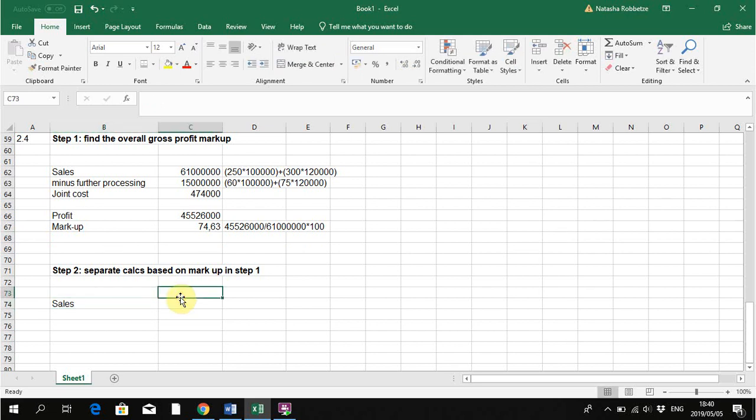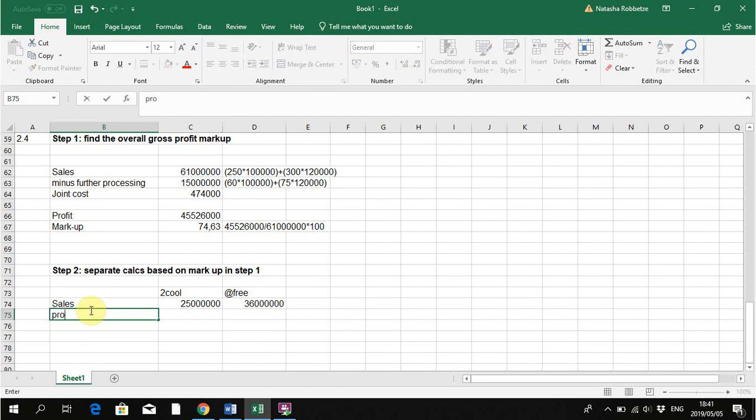We have 2 products, 2 cool and at-free. And then the sales will again be the 250 Rand times 100,000 units. And it will be 300 Rand times 120,000 units.